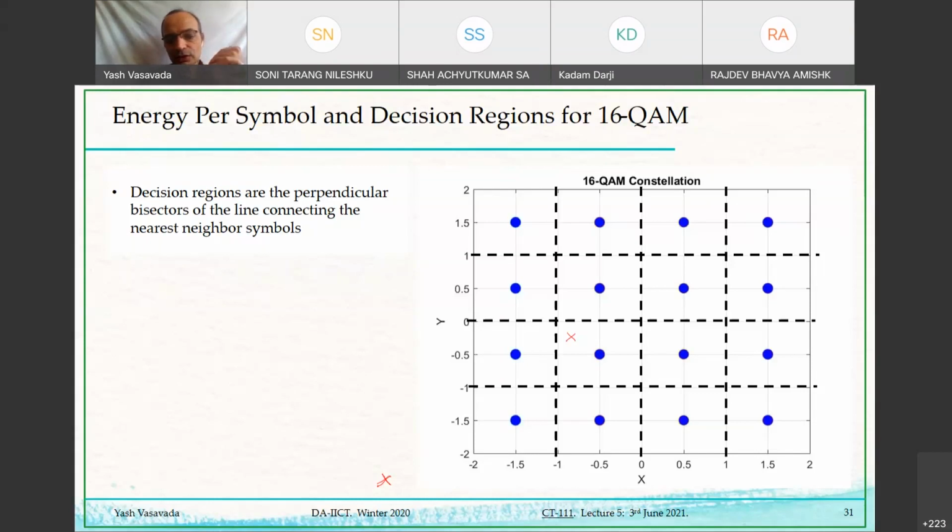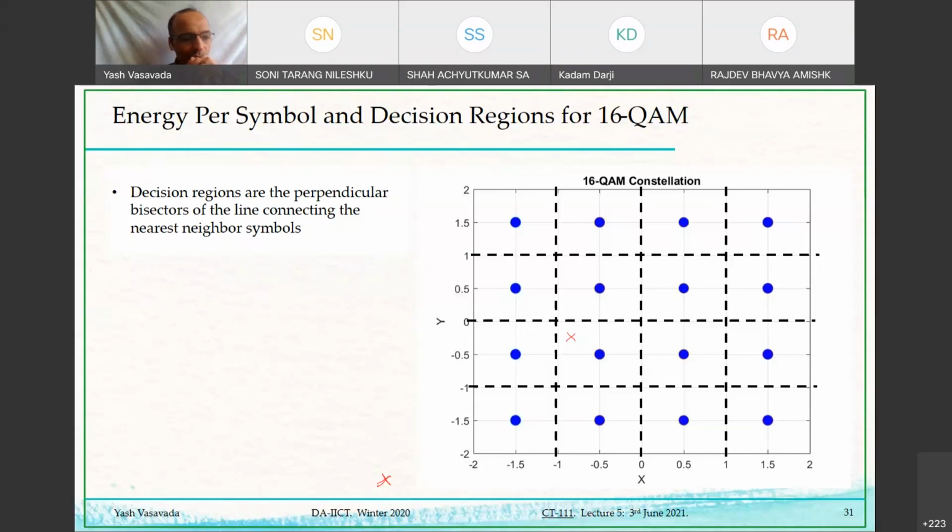And so the holy grail of machine learning is to be able to do this minimum distance decoding or minimum distance detection for a generalized case, where the distance may not be as nicely specified as this Euclidean distance.